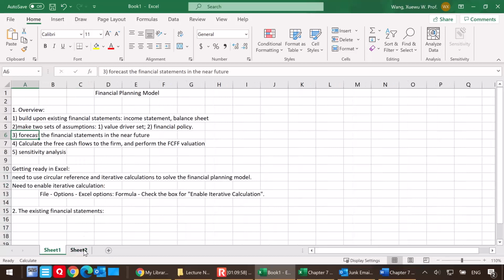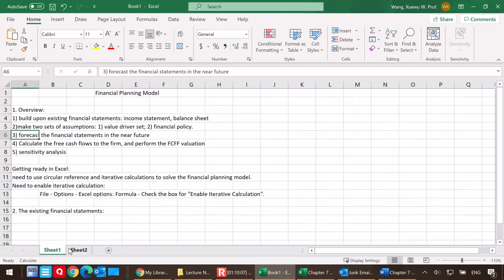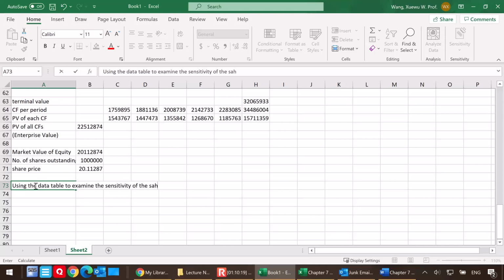We calculate the free cash flow, and we finish the valuation. So step number 5, sensitivity analysis. Here I'm going to use the data table to examine the sensitivity of the share price to the 2 inputs.